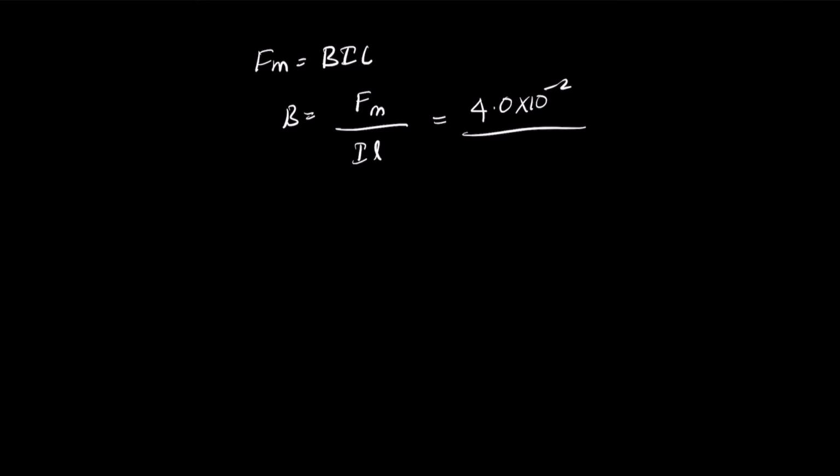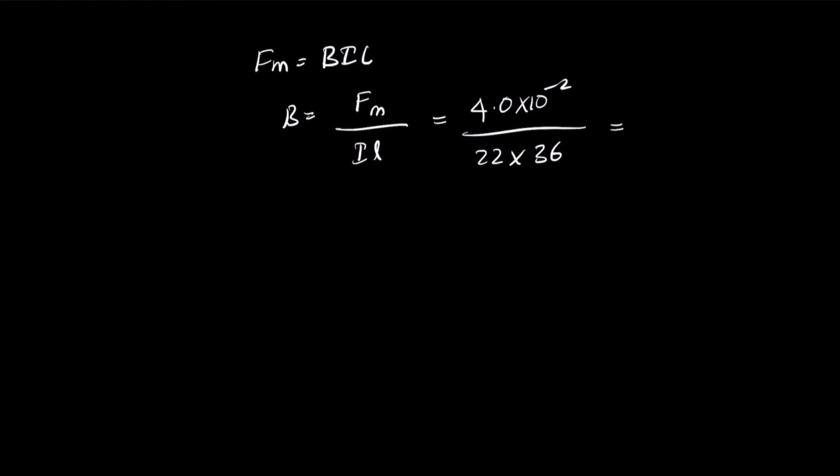So we have the formula Fm equals BIL, so B equals Fm divided by IL. Fm here is 4 times 10 to the power negative 2, divided by I, which is 22 amps, times 36 meters.